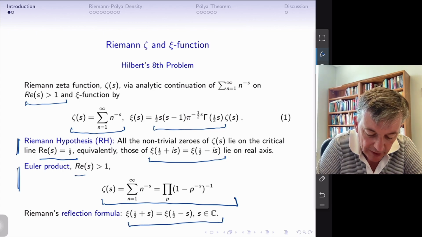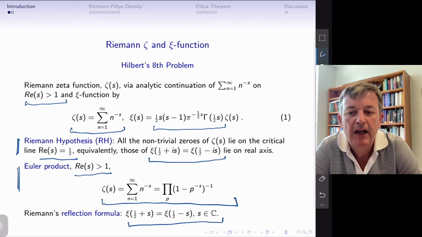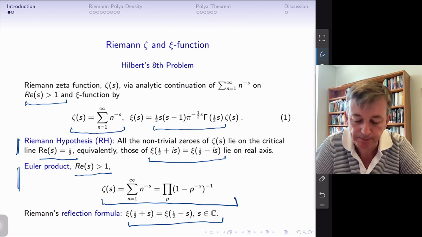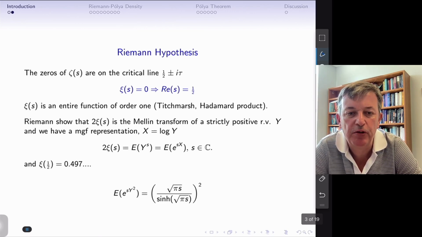And then one other little fact, the Euler product formula only works for real s bigger than 1, so some form of analytical continuation is used, and in previous videos I like to use Ramanujan's master theorem to do that.